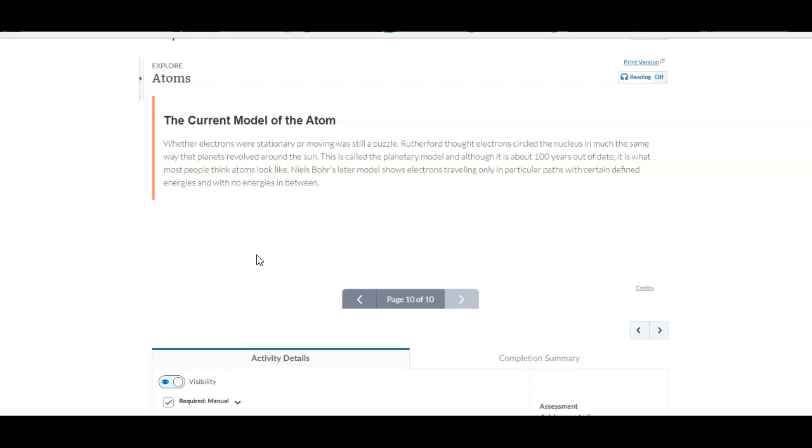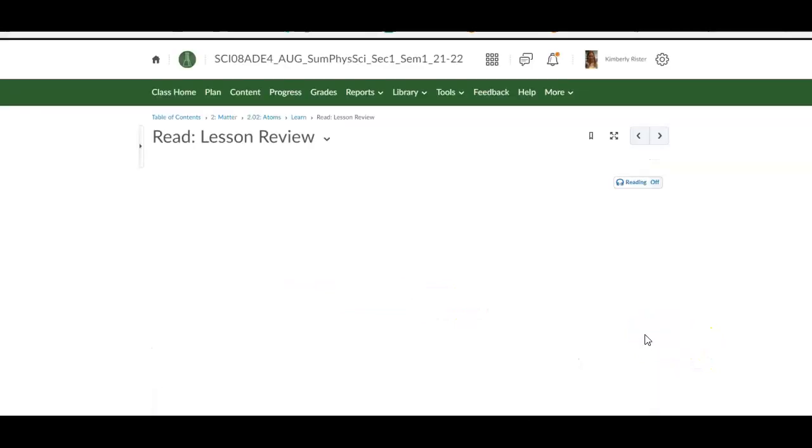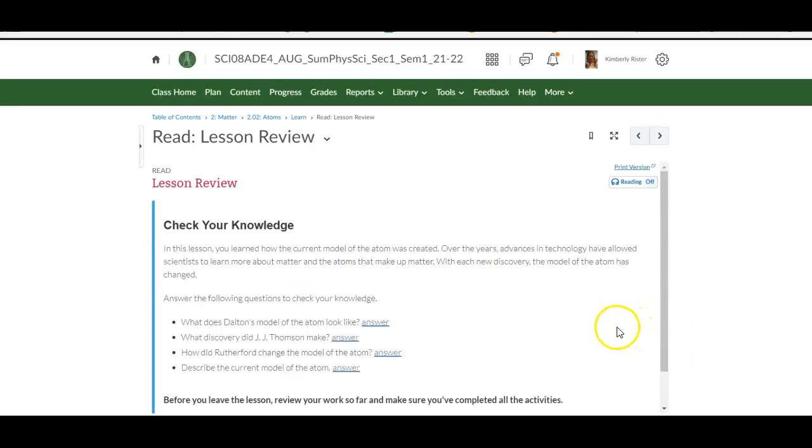This is called the planetary model, and although it's about 100 years out of date, that's what most people think an atom looks like. Niels Bohr's later model shows electrons traveling only in particular paths with certain defined energies and with no energies in between. So that gives you the answer to number 8.